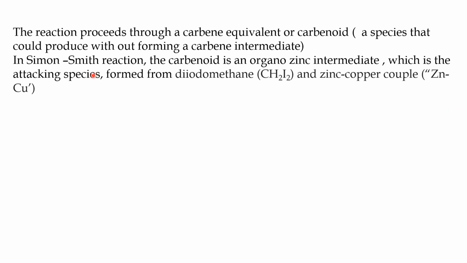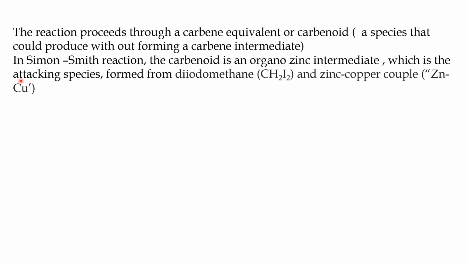See, the reaction proceeds through a carbene equivalent or a carbenoid. This carbenoid, or carbene equivalent, is a species that produces a carbene without forming a free carbene intermediate. That means in the medium no carbene intermediate is produced, but a species which could easily transfer a carbene to the reagent is possible.